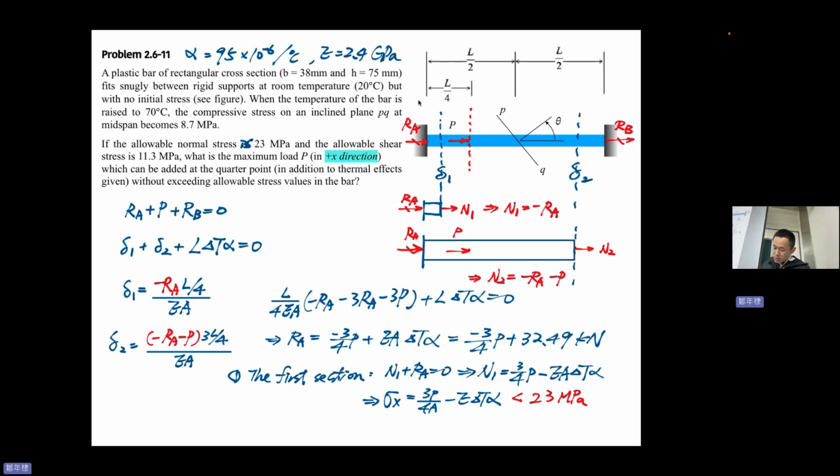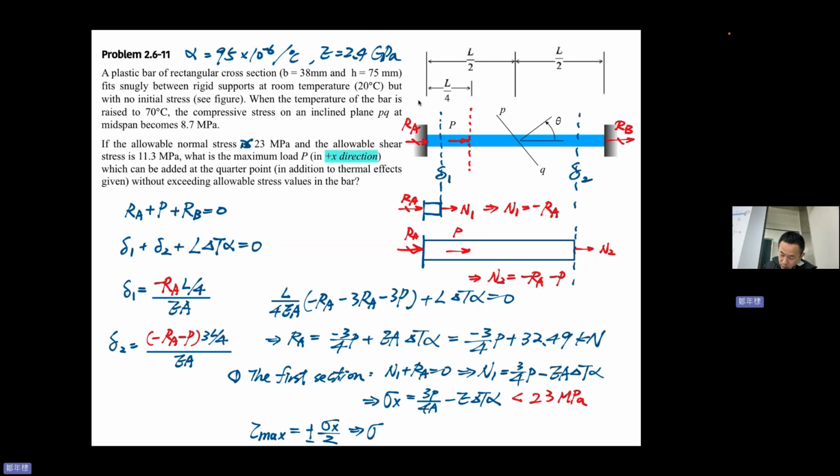So sigma x is the maximum value of the normal stress, right? But how about tau max? Tau max is at 45 degrees, right? Remember, this is positive or negative sigma x divided by 2, right?